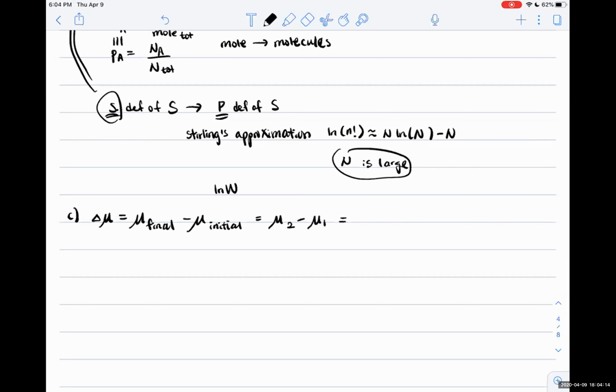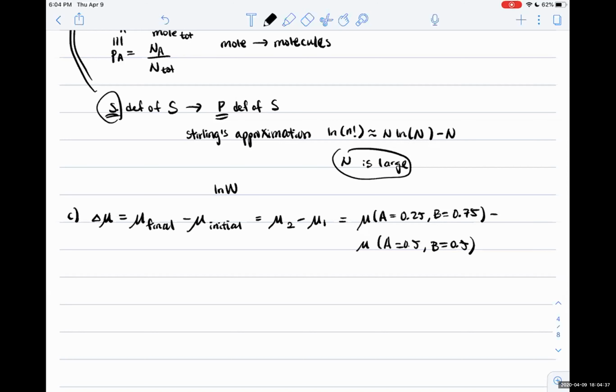And then we know from the condition of the question that this is basically the mu when A is 1/4 and B is 3/4 of the system, minus delta U A 0.5.